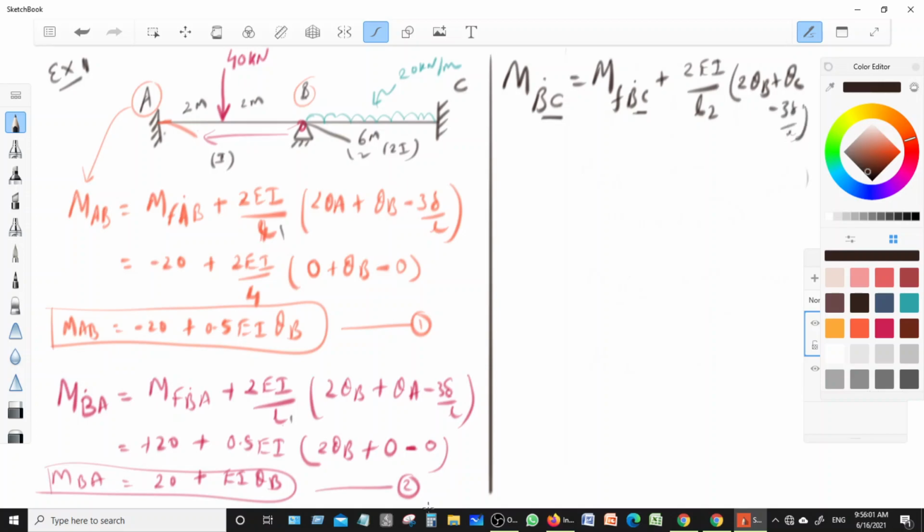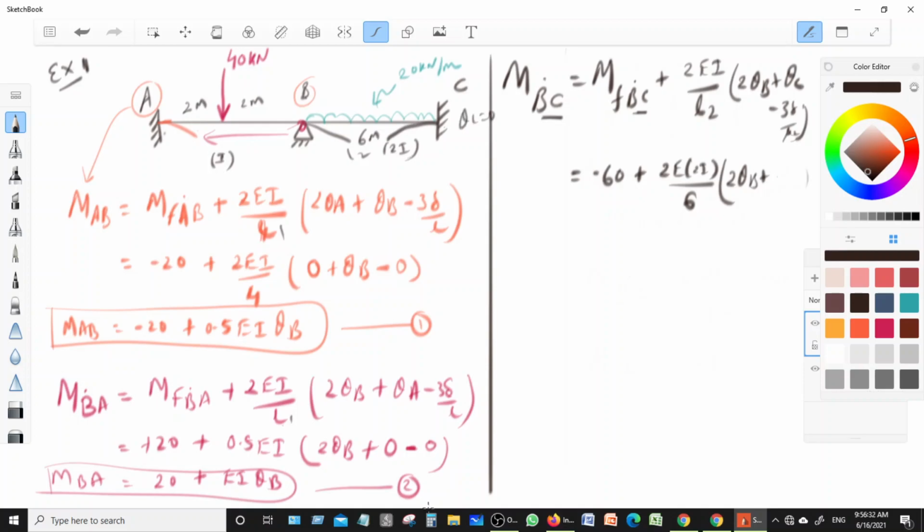So let me put the value, that is your MBC, that is minus 60, plus 2E. See here, I is equal to 2I is given, so we put 2I divided by the span, that is 6 meter, in bracket 2 theta B. And see here, your theta C is a fixed support, so slope theta C will be 0.